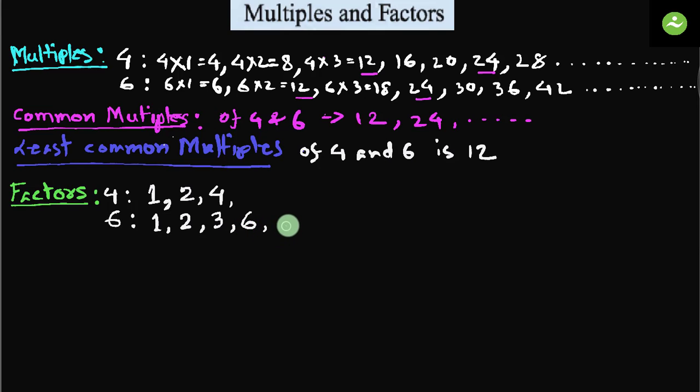And we cannot divide 6 by a number which is larger than 6. That will not divide 6 evenly. There will be a fraction. So we stop. So what are the factors of 6? 1, 2, 3, 6.